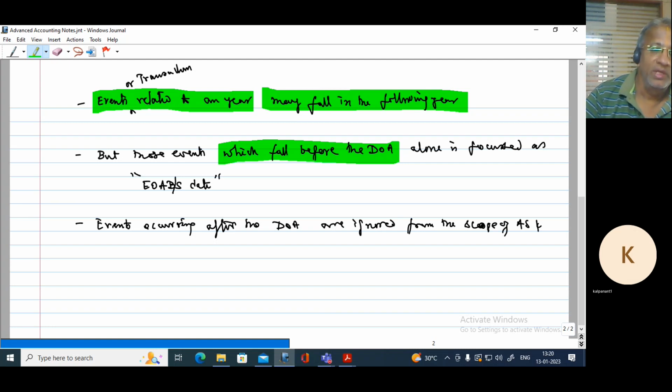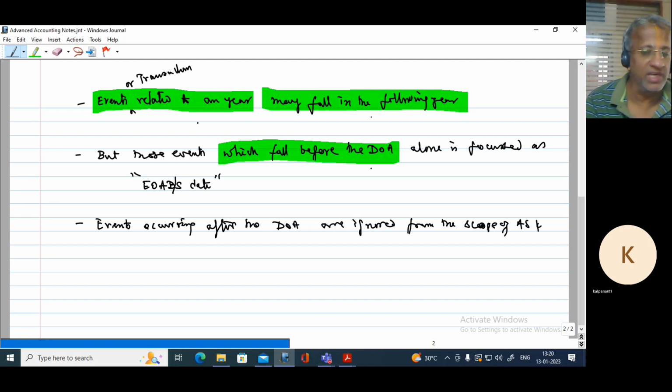So, events occurring after balance sheet date, which should be related to 1 year, would have fallen in the next financial year, but before the date of approval of accounts related to that particular concerned year. Events which occur after the date of approval will be ignored from this particular accounting standard.